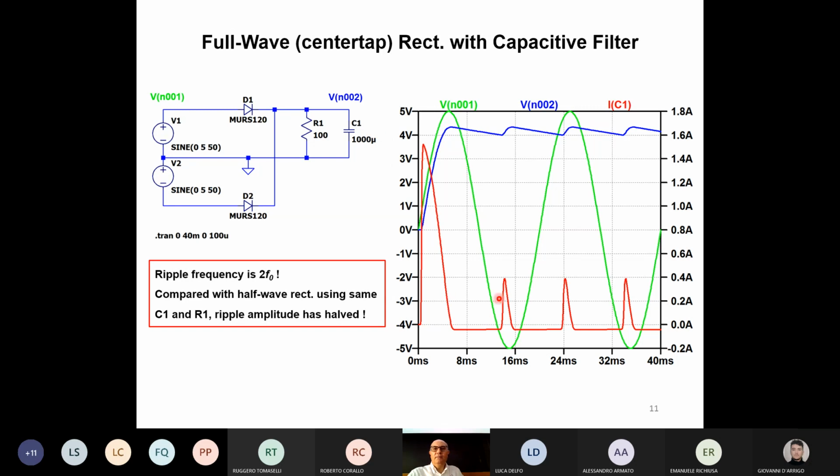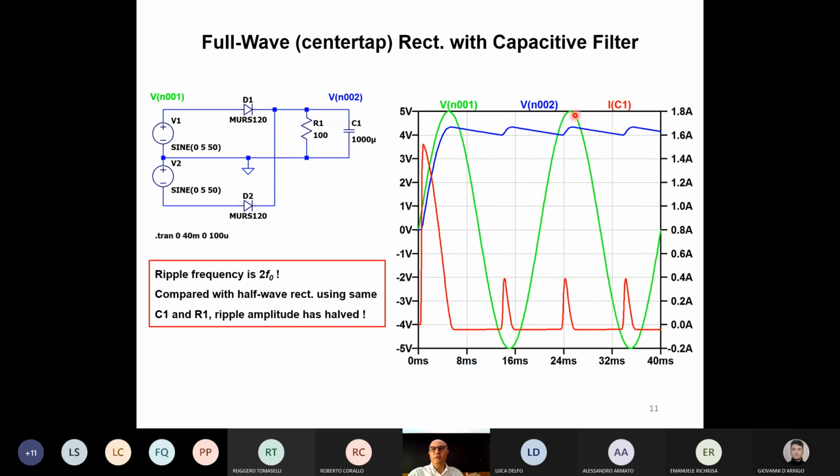If you look at the current through the capacitor, you see that apart from the initial peak, because the capacitor again is discharged, you have a peak of current at the beginning, okay? And then at the negative peak of the input voltage. Why? Simply because this full wave rectifier is using also the negative peak for charging the capacitor.